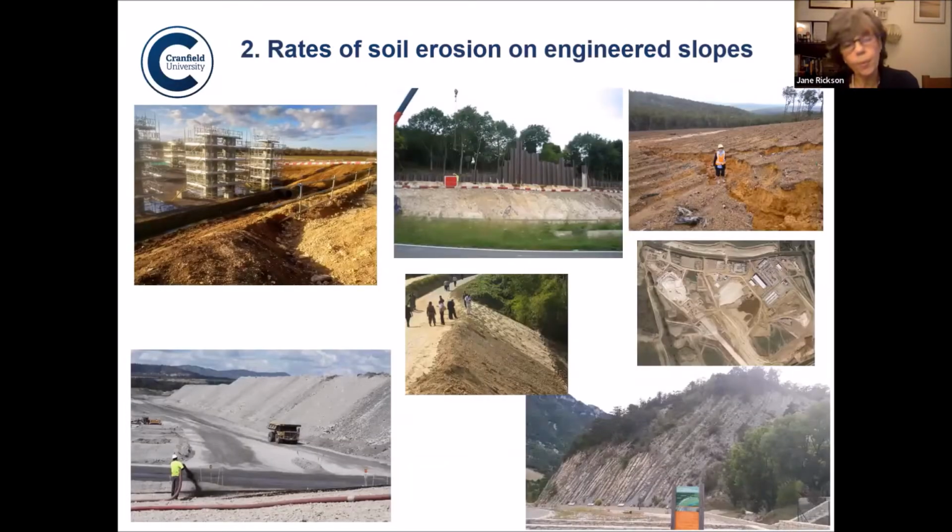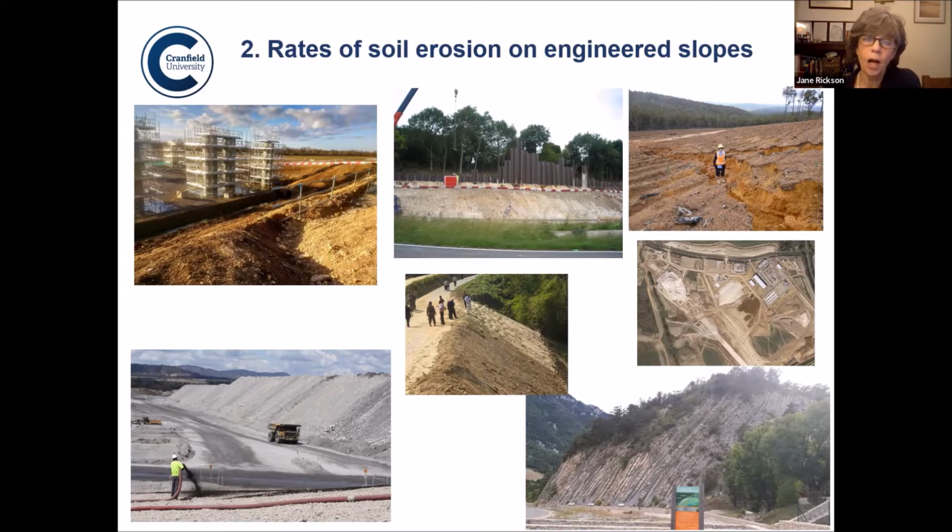But why would we bother with soil erosion? Is it really that much of a problem? And I just want to present some data on the rates of soil erosion that really justify the use of these products. So here you'll see various projects that we've been working on in construction projects, where obviously you've got that window of very high soil erosion risk after you've done the land forming, after you've done the landscaping, and before you've got vegetation established.